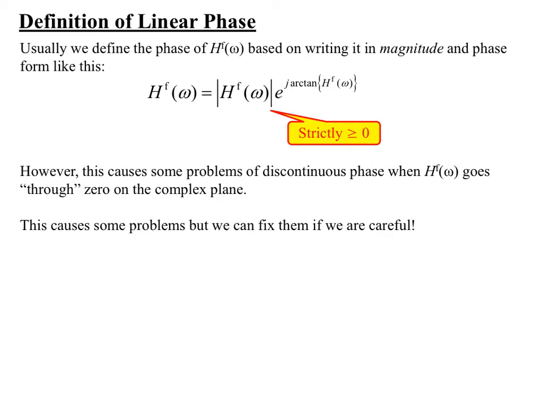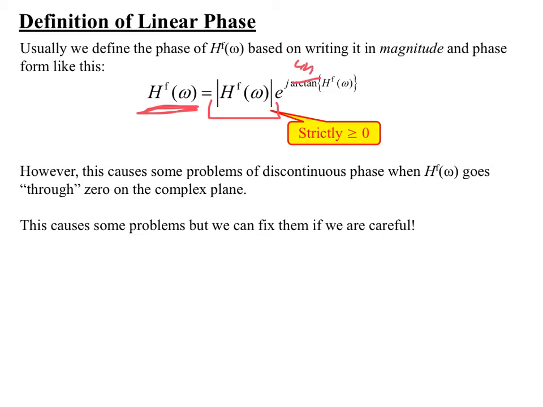And so one of the issues that we need to talk about here is the way we define magnitude and phase so far. So what we've been doing is saying, well, we've got some frequency response, H of omega, and if we take its magnitude, we can put that out in front, and then we take its angle. Actually, that shouldn't say arctan. A little error there I'll have to fix.